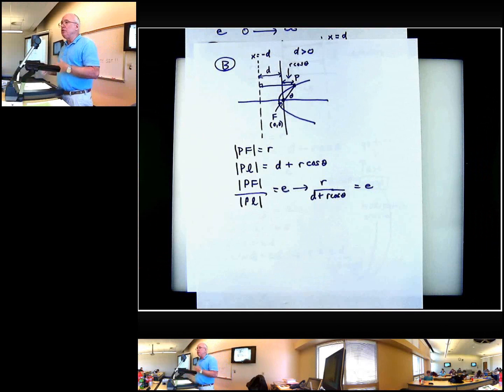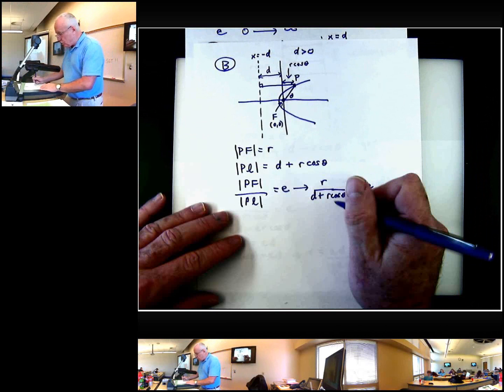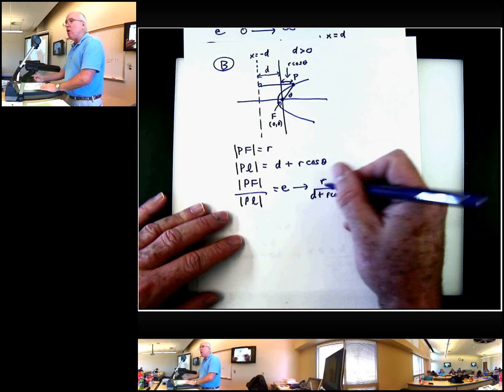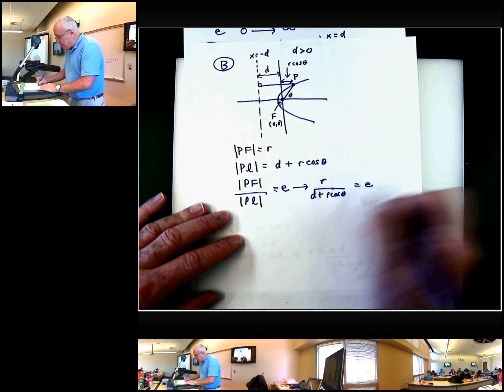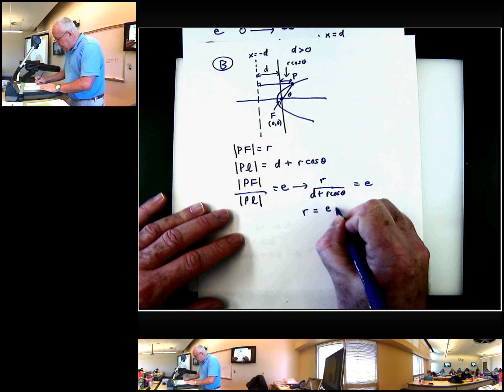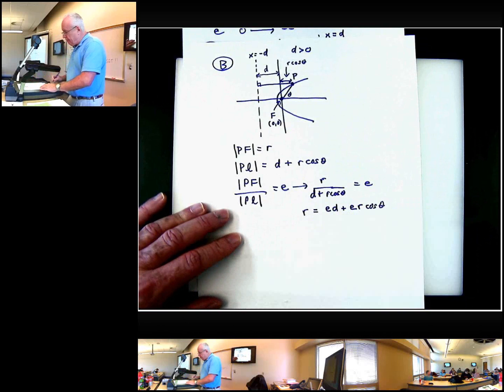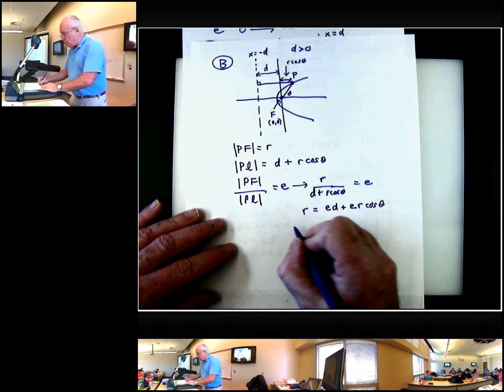And again, I do the same kind of algebra manipulation in order to isolate the R on one side. So I'm going to again multiply by the denominator. So R is equal to ED plus ER cosine of theta. Get the R's on one side.